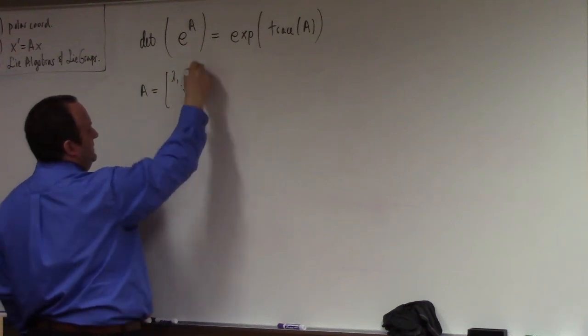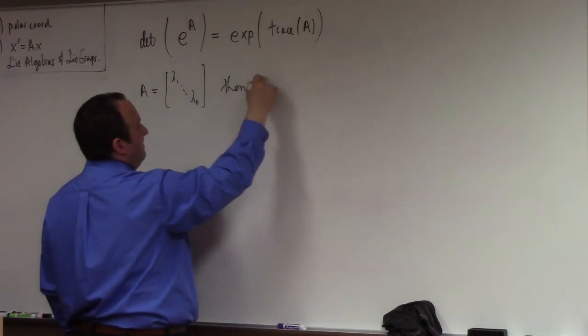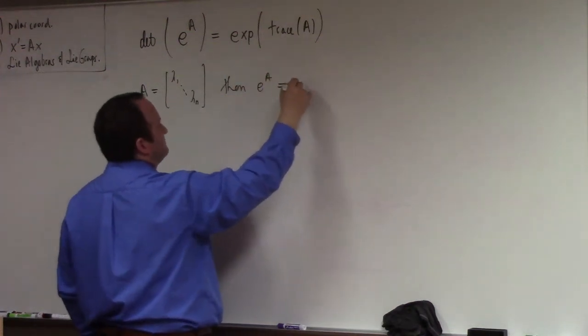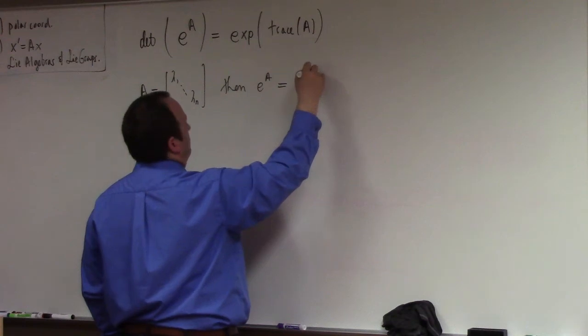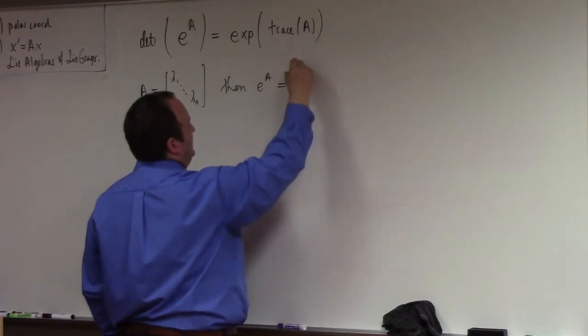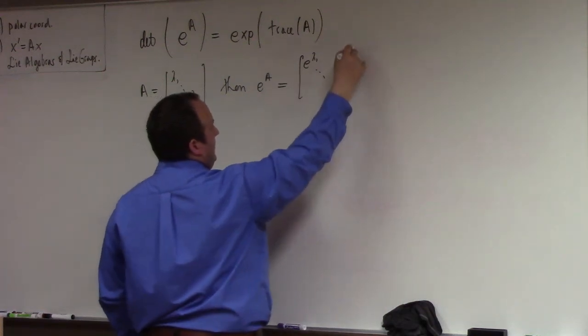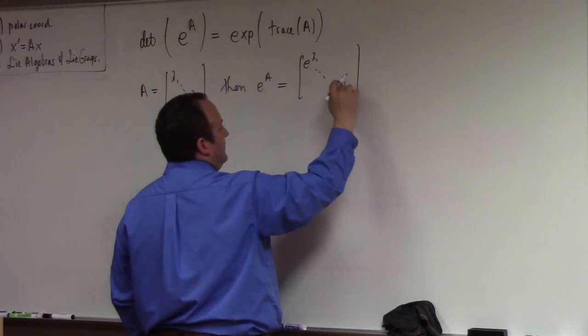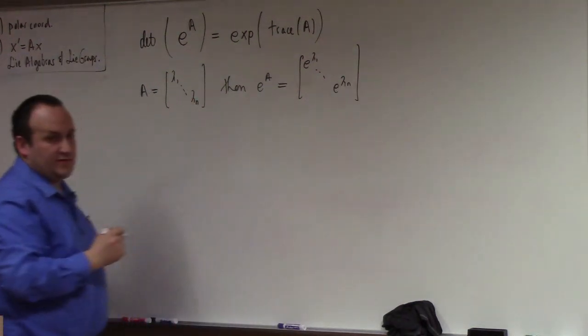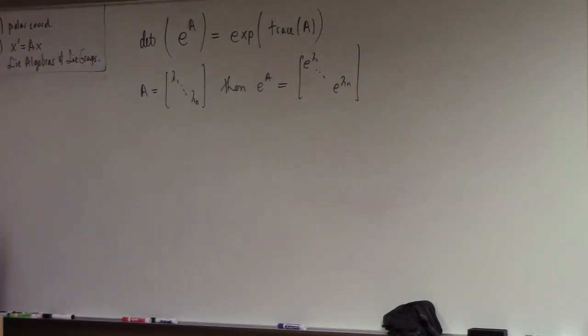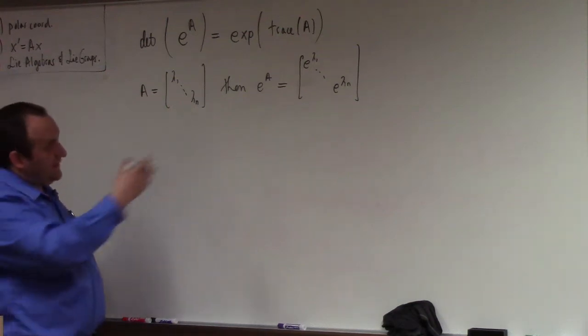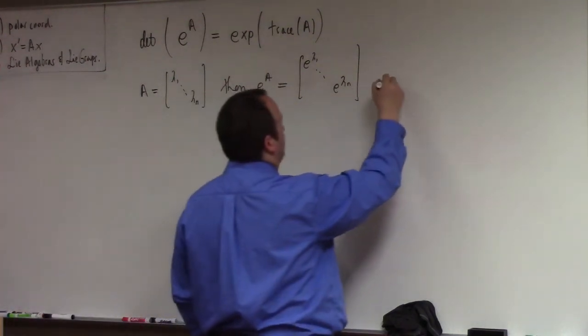Suppose a is diagonal for a second, right? Then what's e to the a? It ends up being diagonal with entries e to the lambda 1 through e to the lambda n. I would get into details, but I think I'd be doing your homework. It's not hard to prove this. You don't have to be fussy about the analysis in here, okay, guys? I'm not expecting you to be careful with convergence arguments and so forth. But anyway, what's the determinant of this?